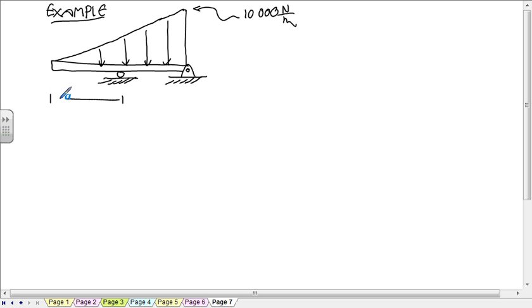And this is 1 meter and this is 1 meter.